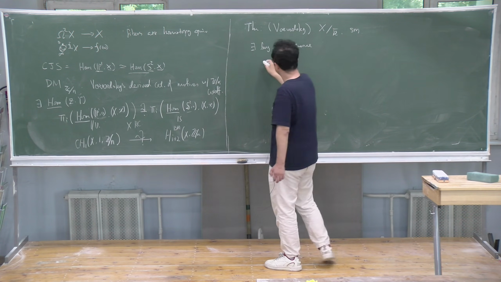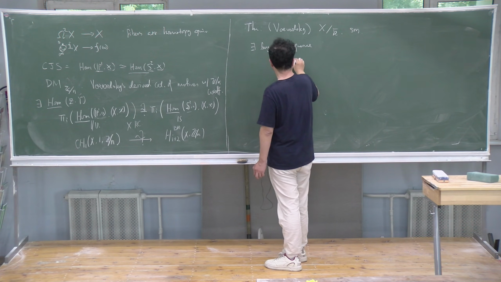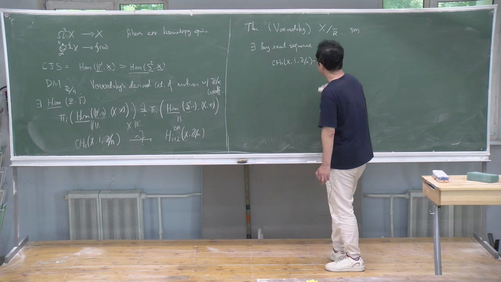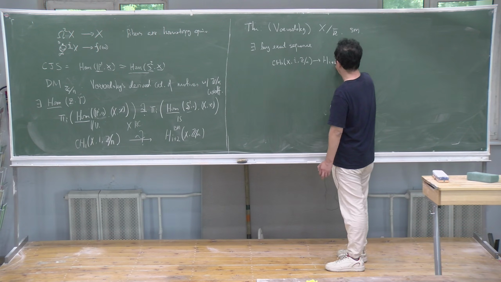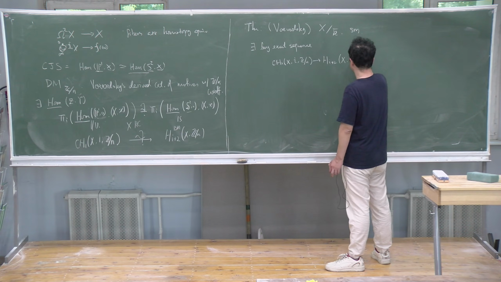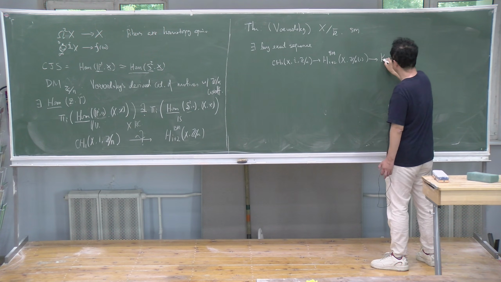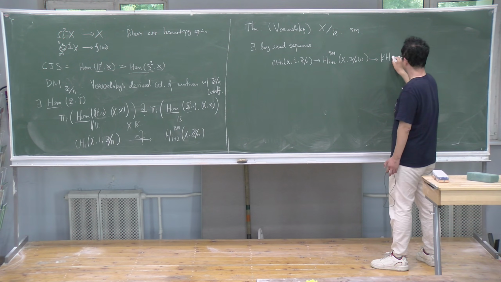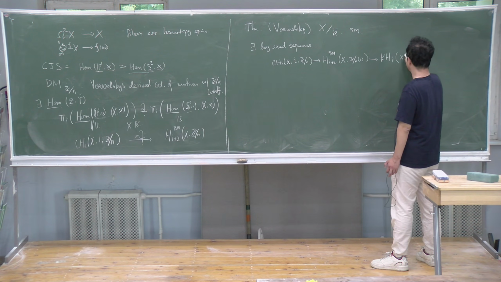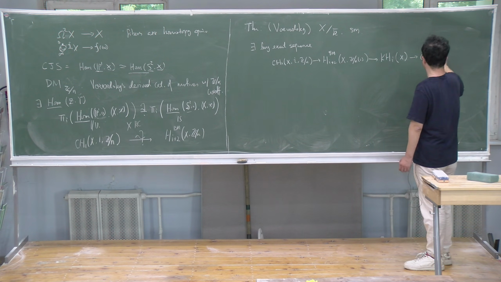Exact sequence. I mean, Chow 1 X with Z mod n coefficients maps to H^(i+2) of X with Z mod n coefficients, the Galois homology, and then to Cattle homology of X, and then the next term is Chow 1.